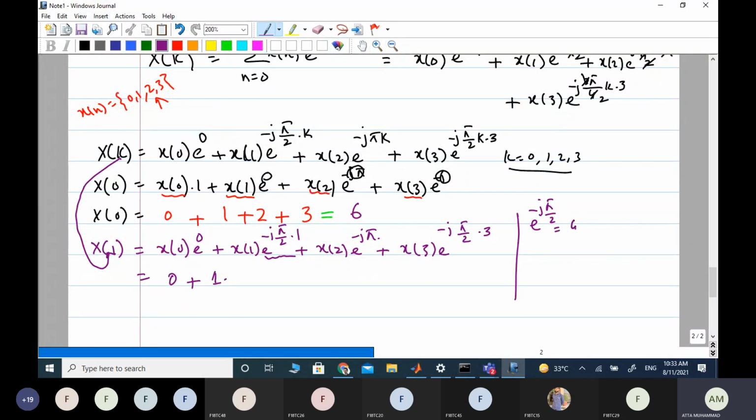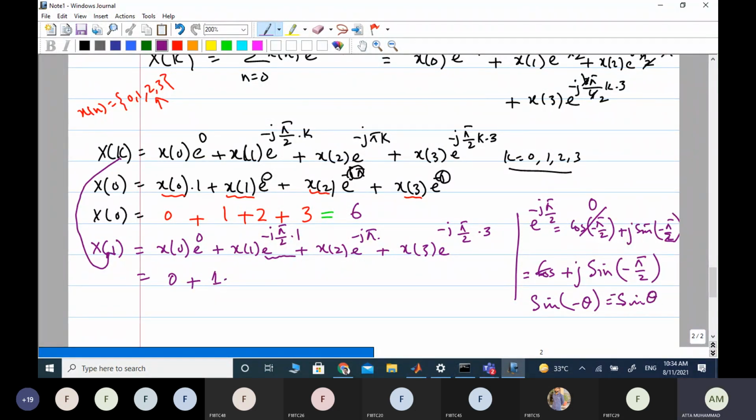Using Euler formula, can we write it as cos minus pi by 2 plus j sine minus pi by 2? So this becomes cos pi by 2, which is 0, so we don't have to worry about it, plus j times sine minus pi by 2, and we know that sine minus theta is equal to minus sine theta.